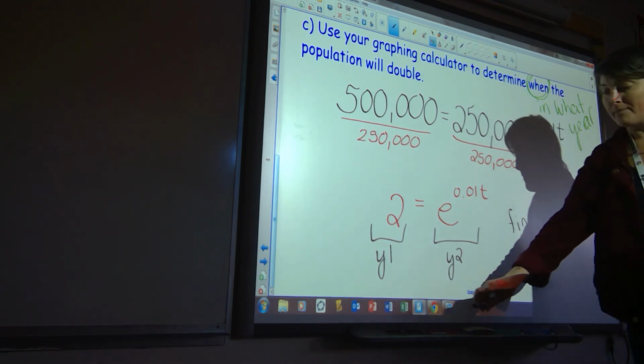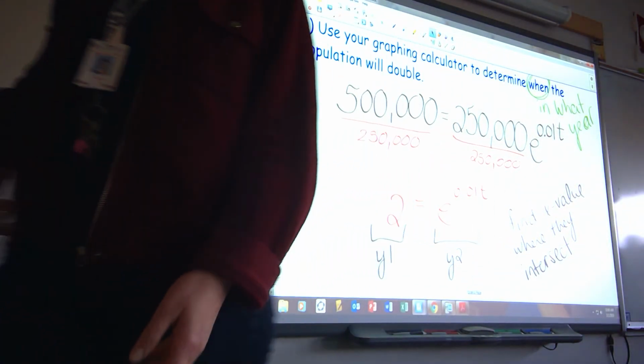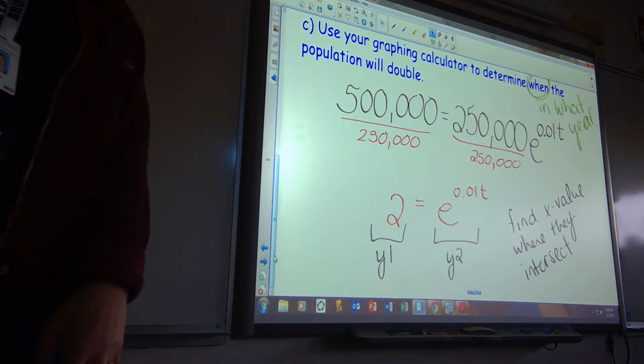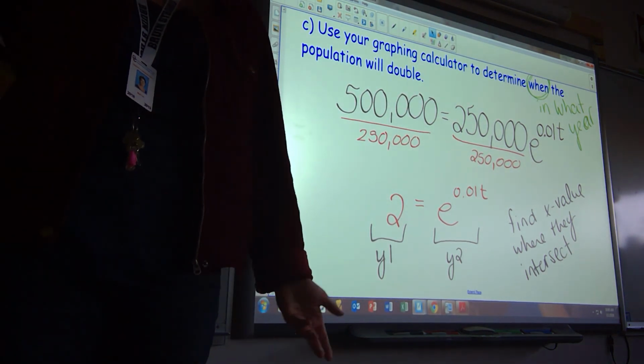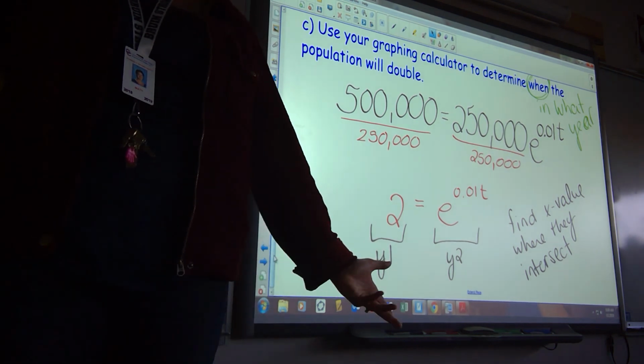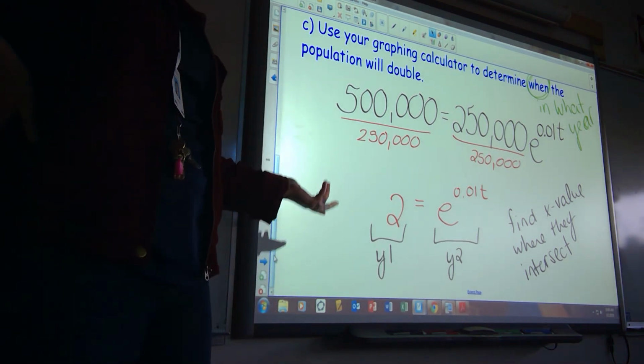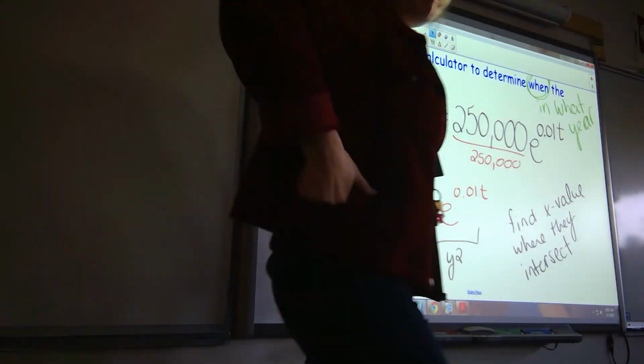Okay, so that does come up on your homework. Before spring break, we will learn how to solve this exact problem using logarithms. Right now, it's perfectly fine using the intersect feature.